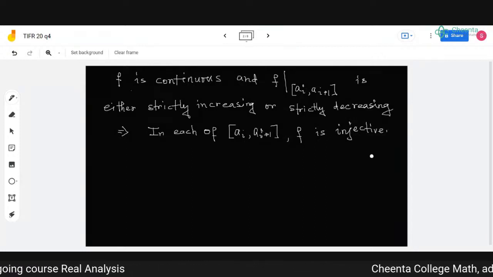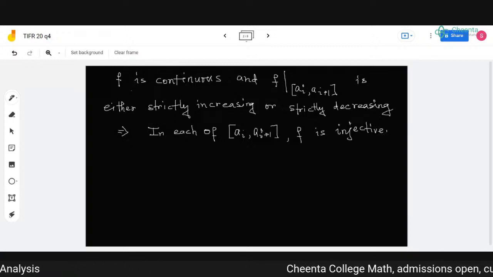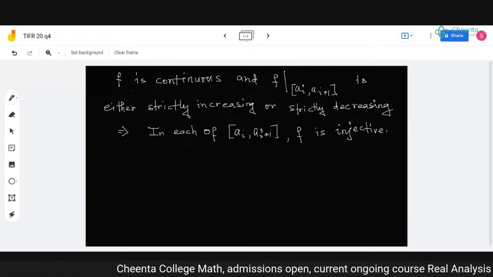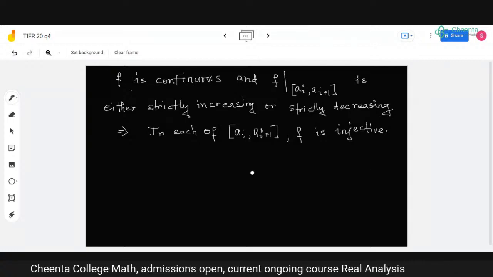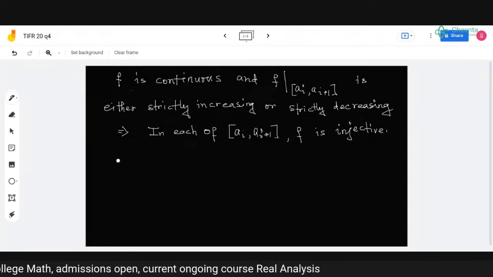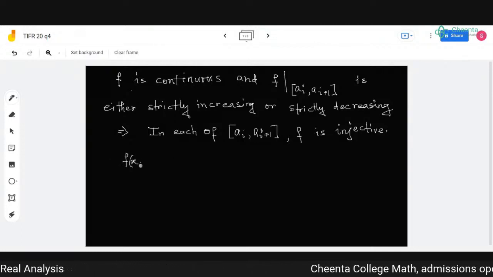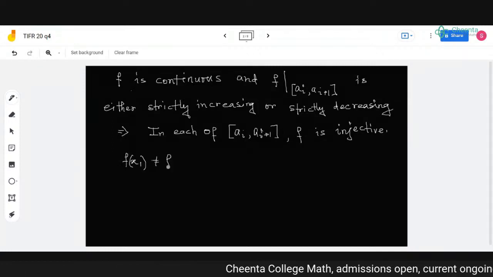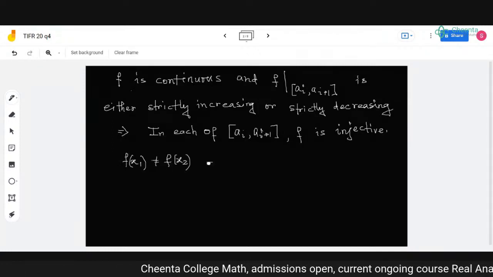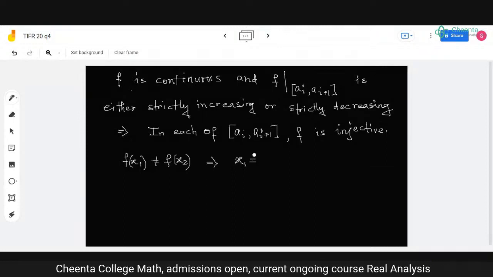If you have a strictly monotone continuous function, then it is bound to be injective. You can prove it like this: one of the ways to prove that a function is injective is f of x1 not equal to f of x2 implies x1 not equal to x2.